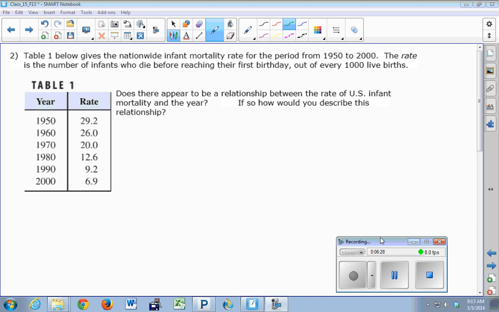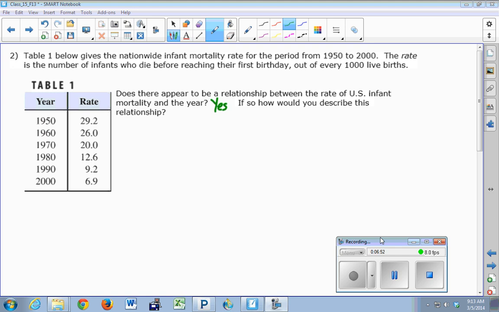Yes, no? Yes, okay. And how would you describe that? You don't have to be fancy mathematical. What might you say, in simple everyday language, about the infant mortality rate? Right, so as each decade goes up here, from 1950 to 2000, the infant mortality rate decreases.